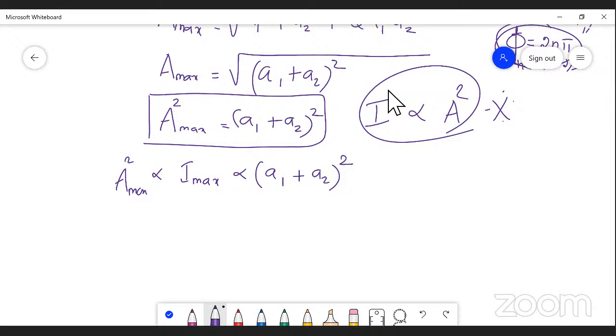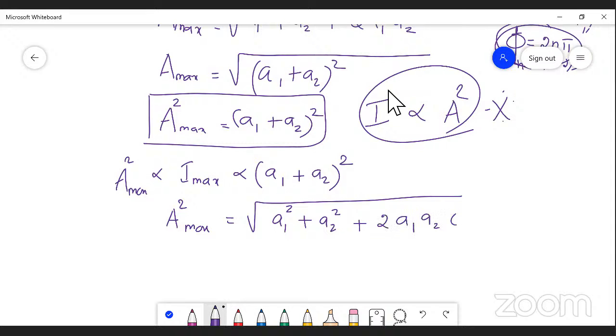Yes, I want to take this. What is this? A maximum is equal to, another equation, the square root of A1 square plus A2 square plus 2A1 A2 cos phi.